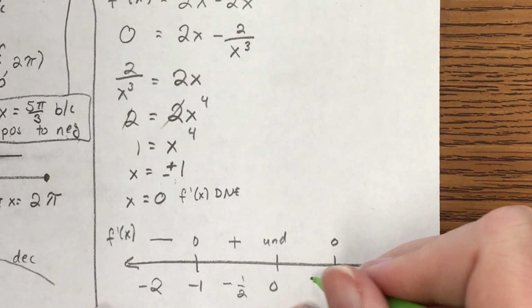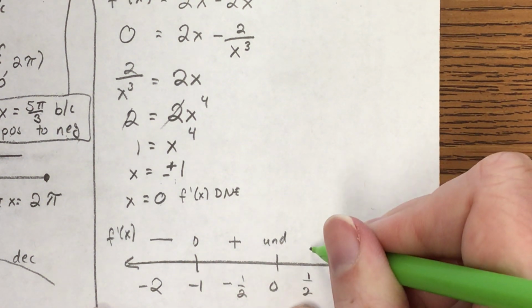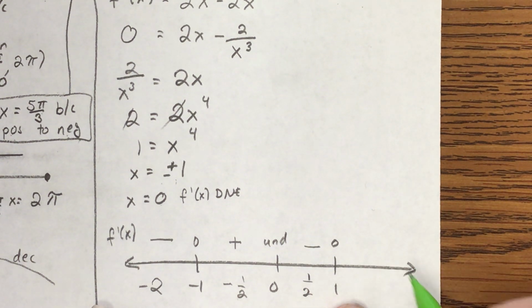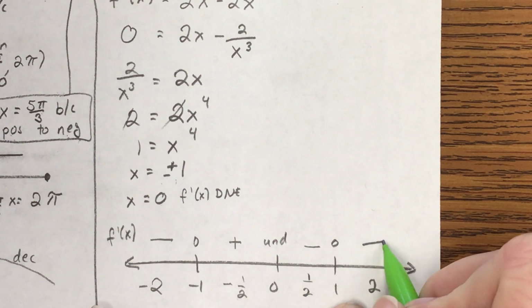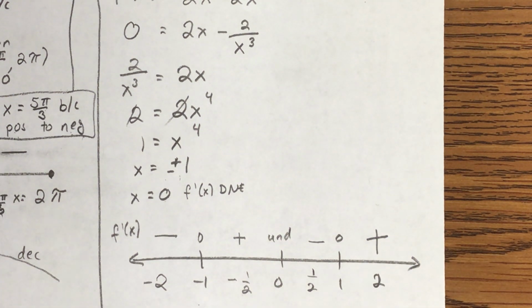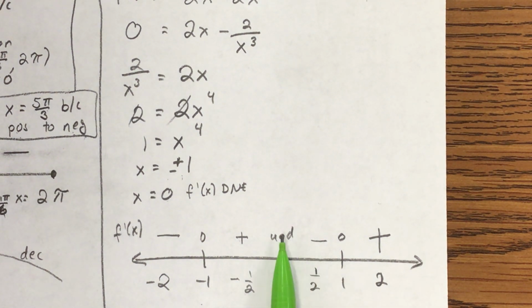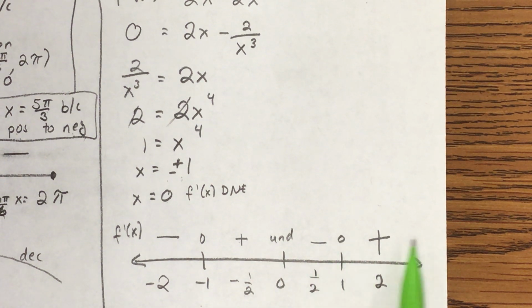Between 0 and 1, we've got 1/2, which is negative when you plug into f prime. And then from 1 to infinity, let's plug in 2. You get a positive derivative there. Okay, so based on this, our graph is decreasing, increasing, undefined, and then decreasing, increasing.